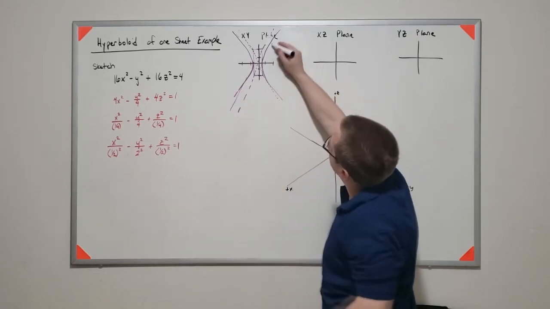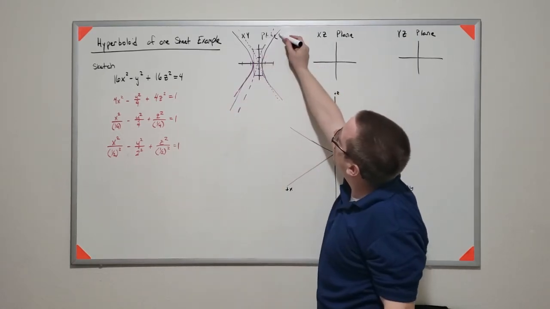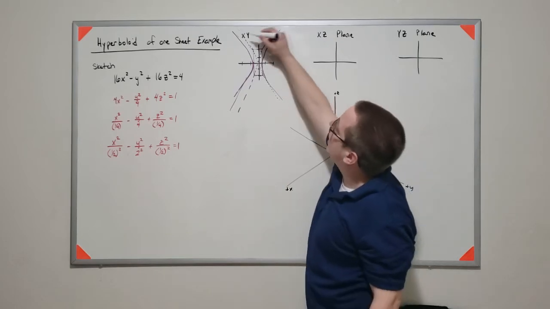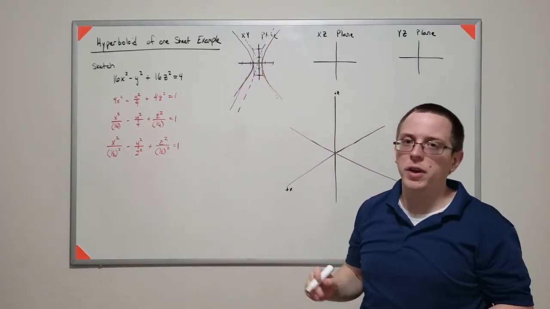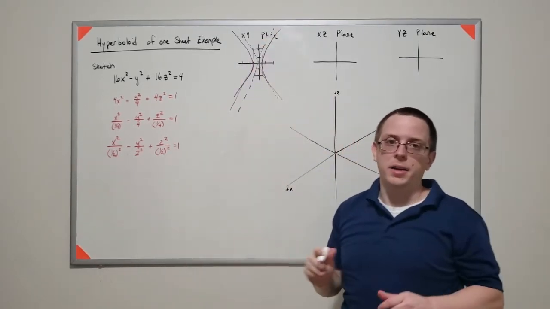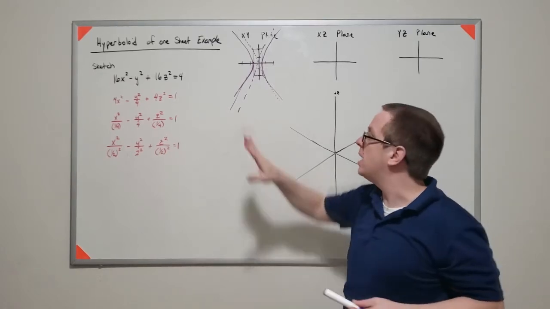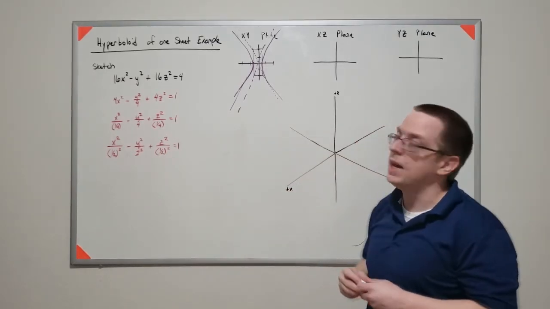And your hyperbolas strike that point and they sort of ride the asymptotes. And again, it's not perfect. I was reaching a little high, but that's the idea. That's the hyperbola in the xy plane.